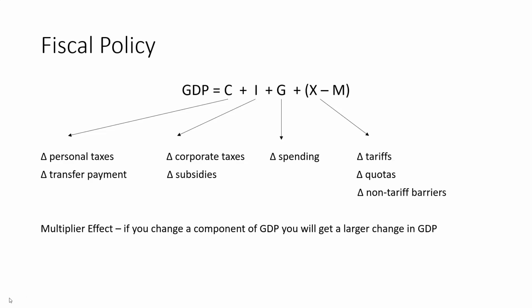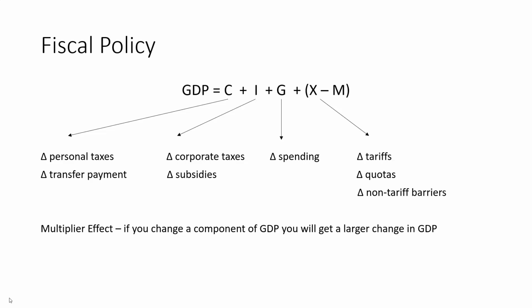Now, if we look at investment, remembering that investment is business spending, the government can affect that in similar ways. They can change the corporate taxes. Decreasing the amount of taxes the corporation has to pay increases their profit, increases the amount they can invest.